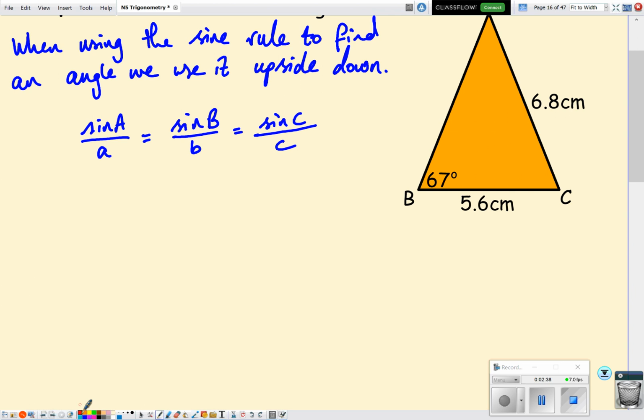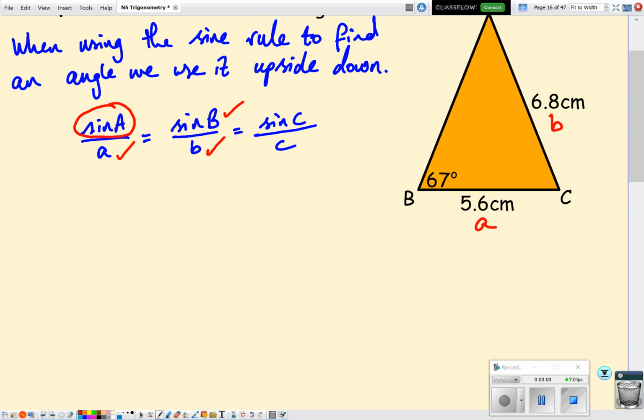I'm not going to do anything different here to what we did in the last example. I'm still going to tick off the sides and everything that I know. So 5.6, that's side a, that's side b, 67 degrees is the angle at B. So that's what I know. I'm trying to find the angle at A, so I'm going to circle sine A here, because that's what we're trying to find.